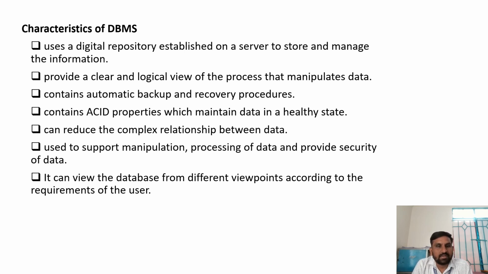Next one, it contains ACID properties which maintain data in a healthy state. It can reduce the complex relationship between data. It is used to support manipulation and processing of data, and provide security of data. It can view the database from different viewpoints according to the requirements of the user.